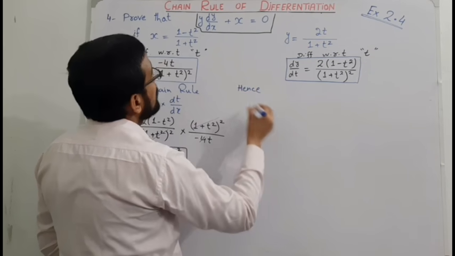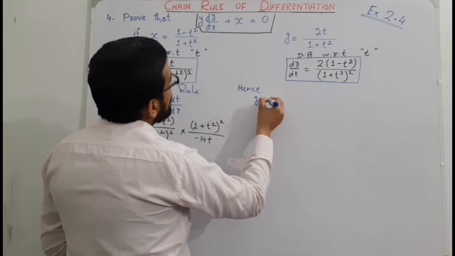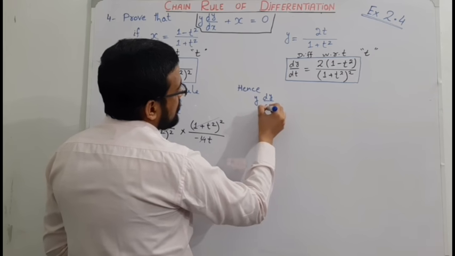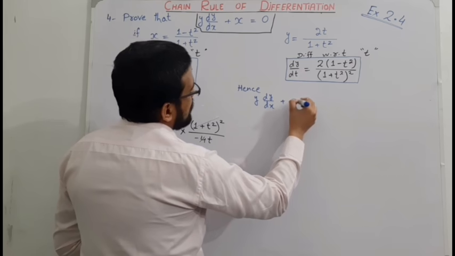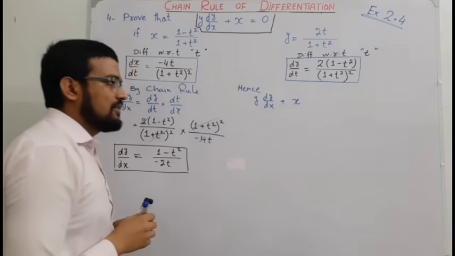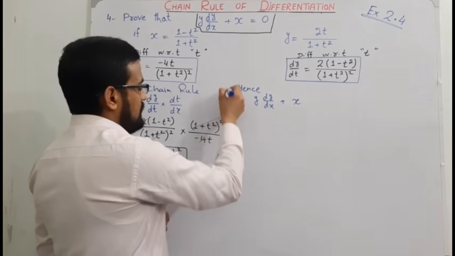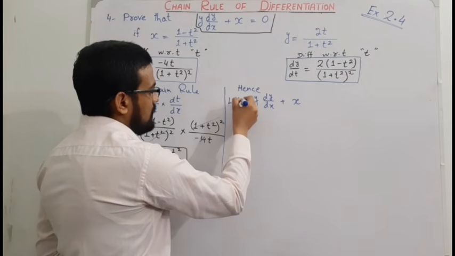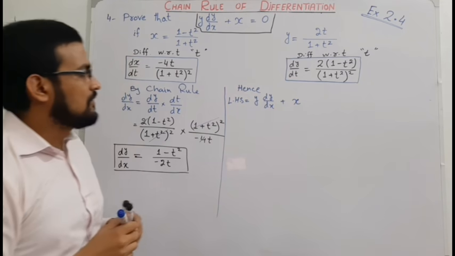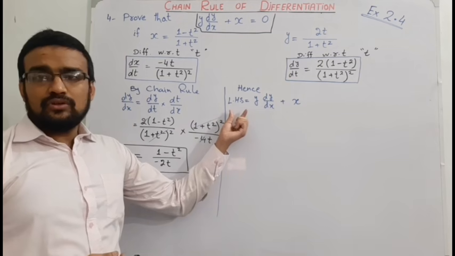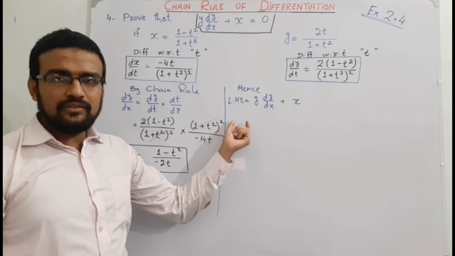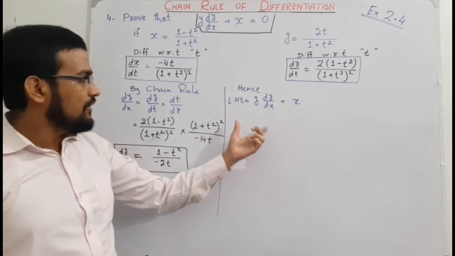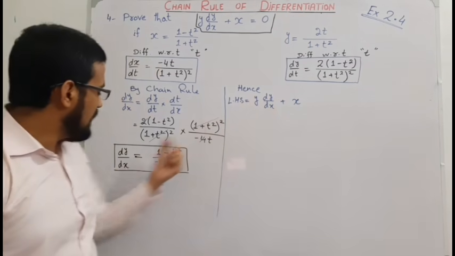Hence, y, left hand side. This one, left hand side, students, you can use this method, left hand side equal to right hand side 0, and you also can use dy over dx.